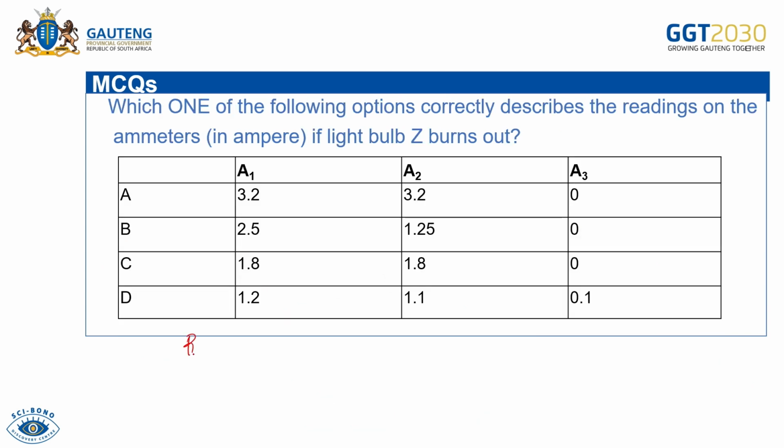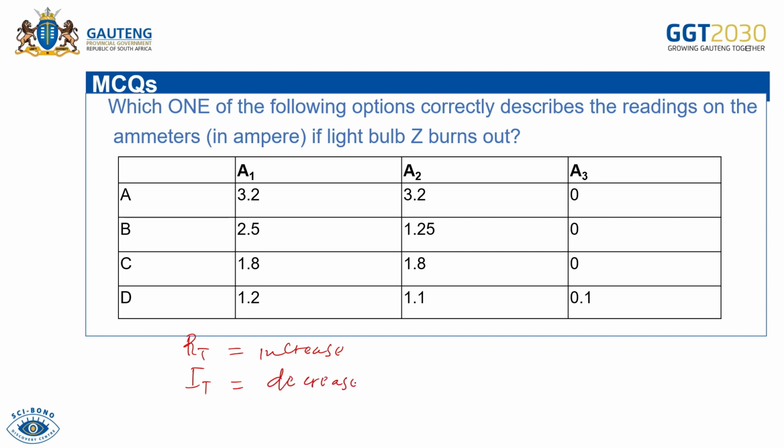So R total is going to increase. And if R total increases, what about I total, the total current of the circuit? The total current of the circuit is going to decrease.